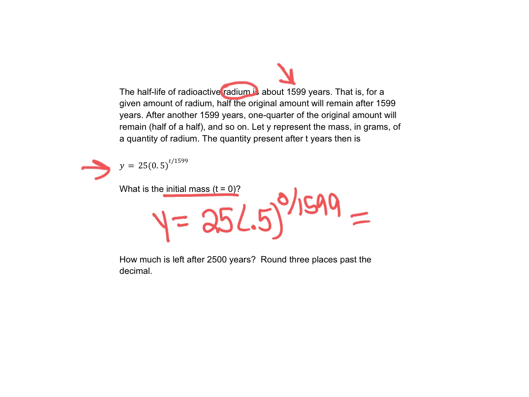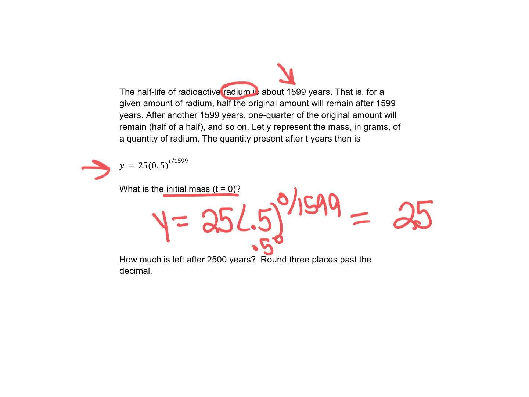Anything to the 0 power is just 1, so you would have 25 units left. Or you started with, I guess. You'd have 25 units that you started with, because again, 0.5 to the 0 is just 1, so you'd have 25 times 1.